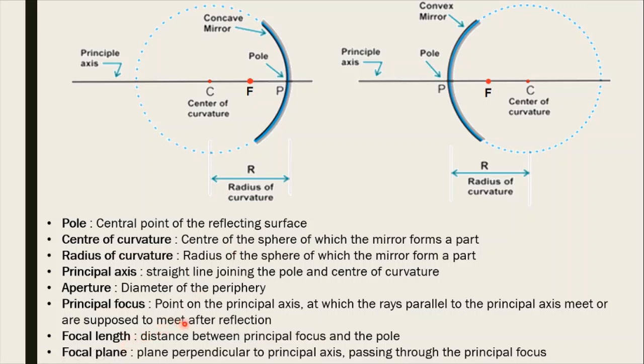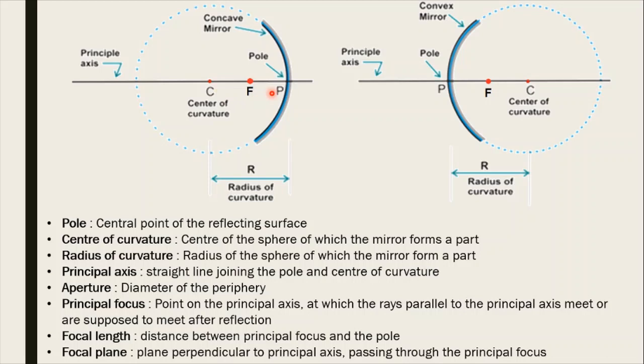The plane perpendicular to the principal axis and passing through the principal focus is called the focal plane of the mirror. Over here, if I have a plane which is passing through the focus and which is perpendicular to the principal axis CP, that is going to be my focal plane.